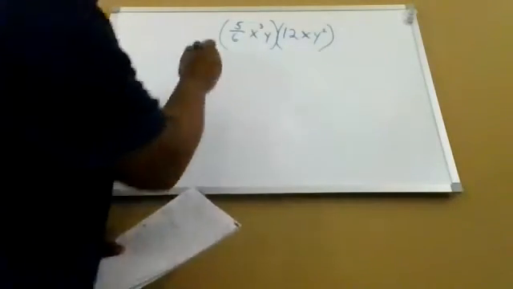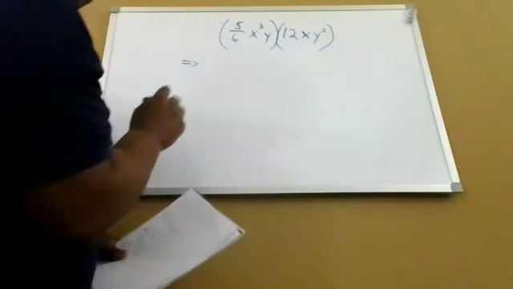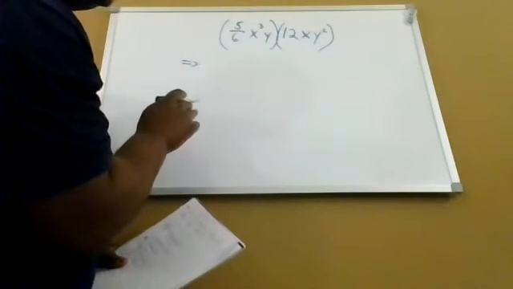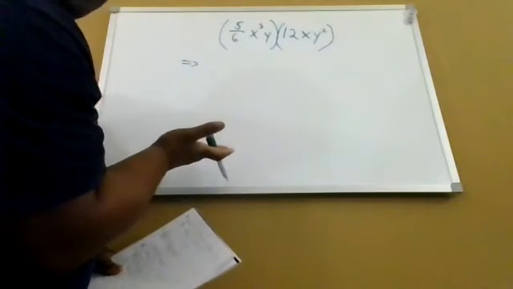Okay, so I start out with this by multiplying 5/6 times 12, and I'm actually going to write it like that.